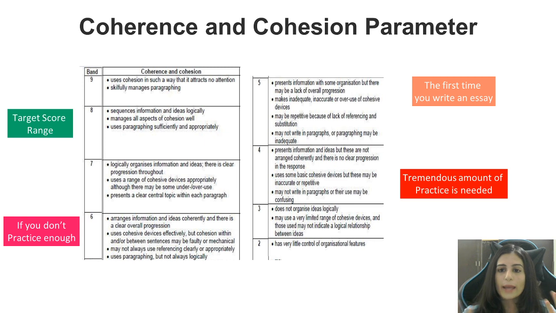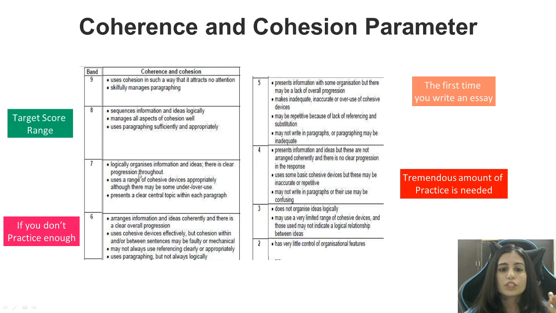So by now you should be clear what you have to provide the examiner so that you can get a great band score in this particular parameter. I'll cut it short this time. I won't be telling you a lot of details about this parameter. What I'm going to tell you about is the 7 band score and the 9 band score. Quickly, I'm just going to read it out, and if you have any doubts you can drop them in the chat box, or else you can review the previous sessions and have a look at it.